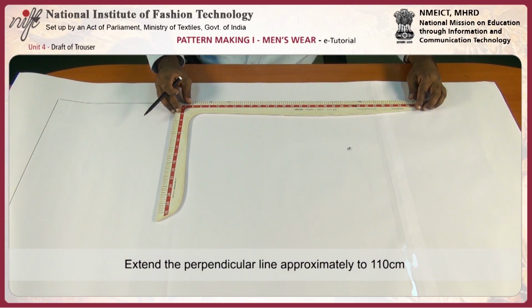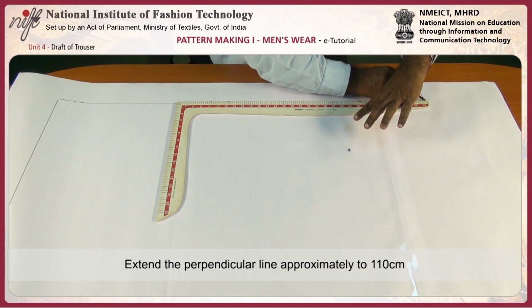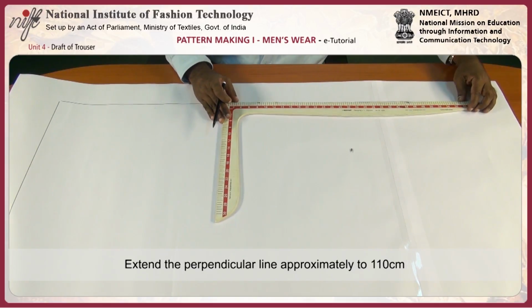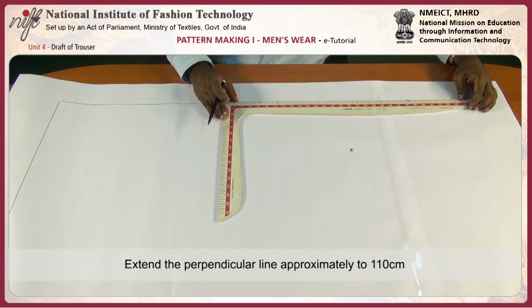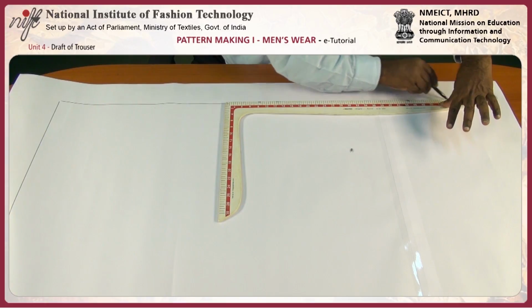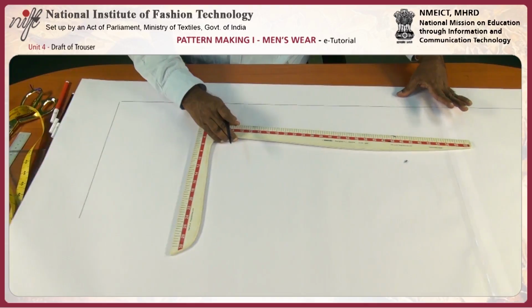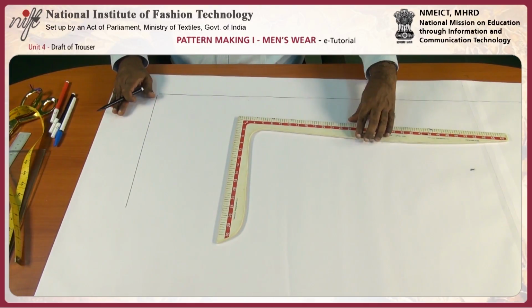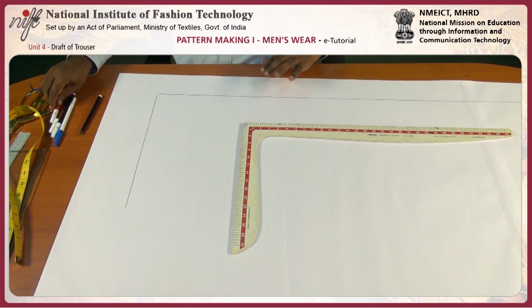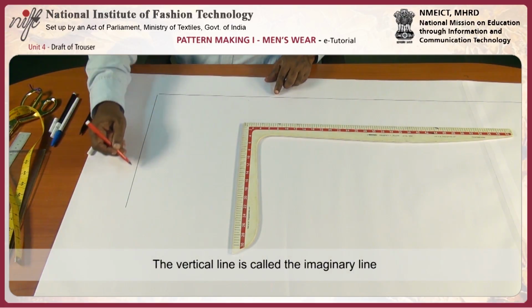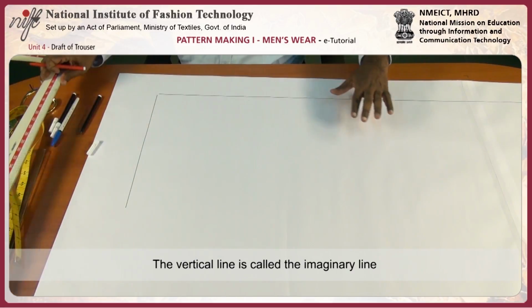This perpendicular line can be extended approximately 110 centimeter. This vertical line is called imaginary line.